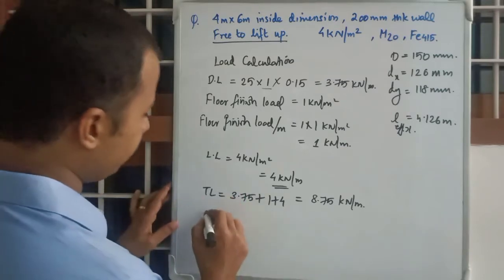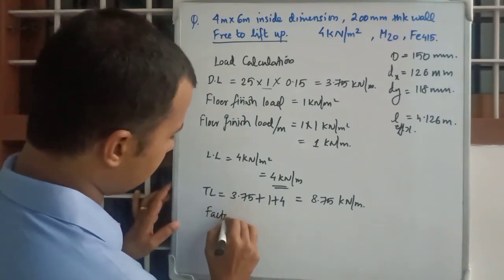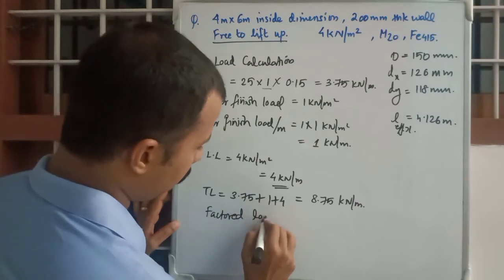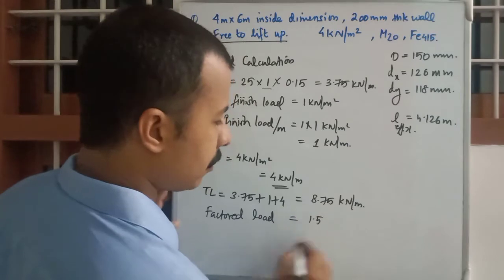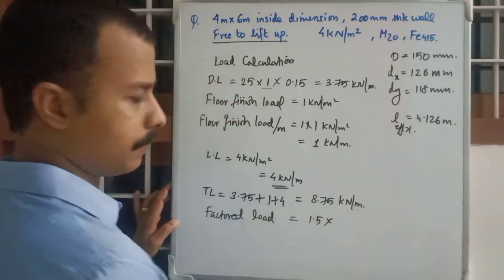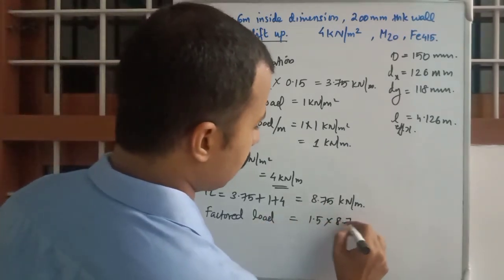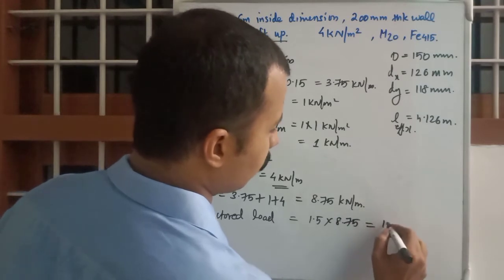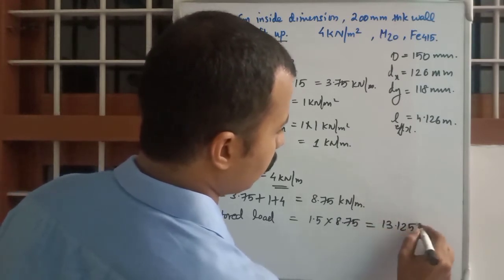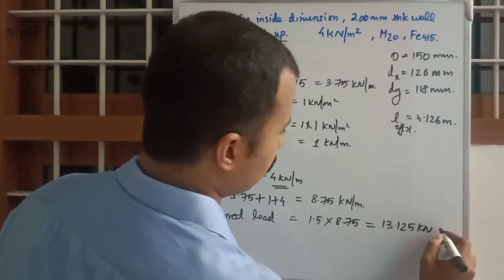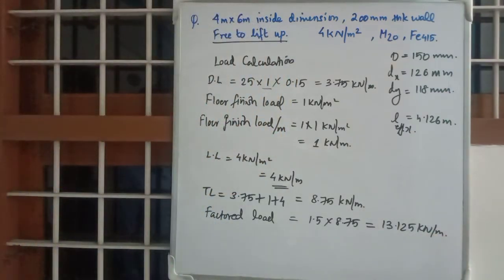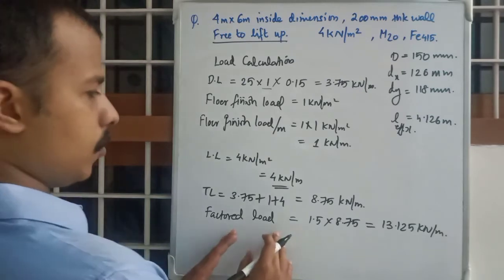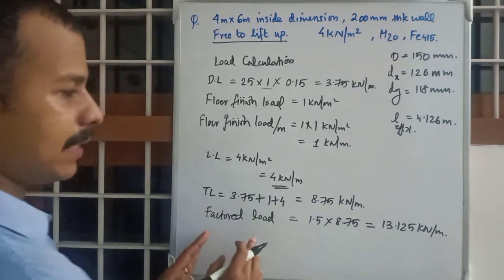We will be calculating factored load, that is obviously 1.5 into whatever load comes here, that is 8.75, that is 13.125 kilonewton per meter. Okay, so we will keep this aside.